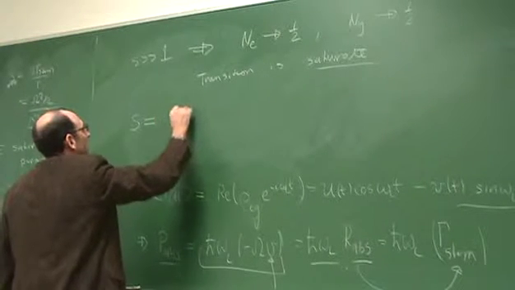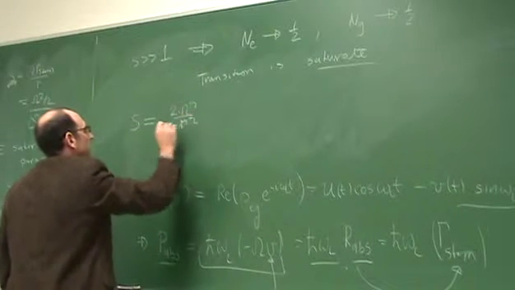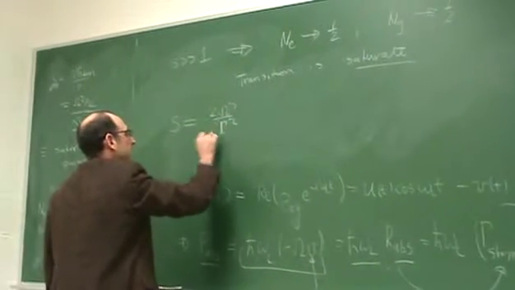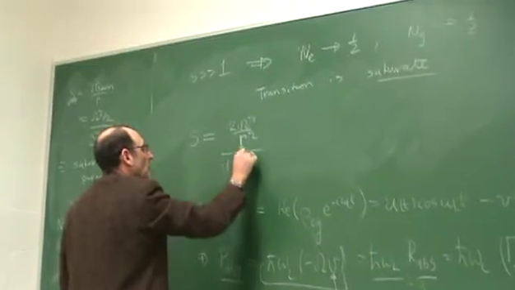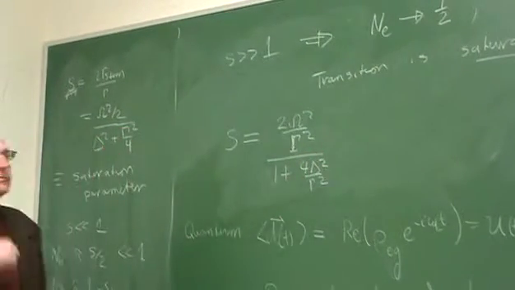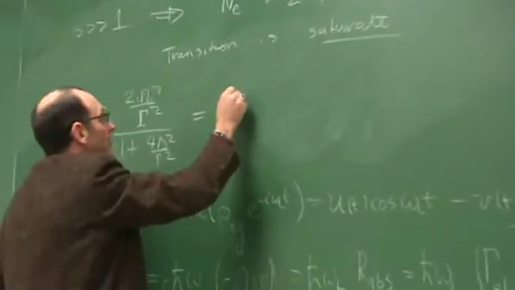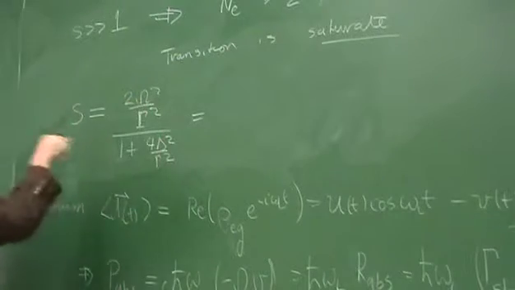So this becomes 2 omega squared over gamma squared, divided by 1 plus 4 delta squared over gamma squared.